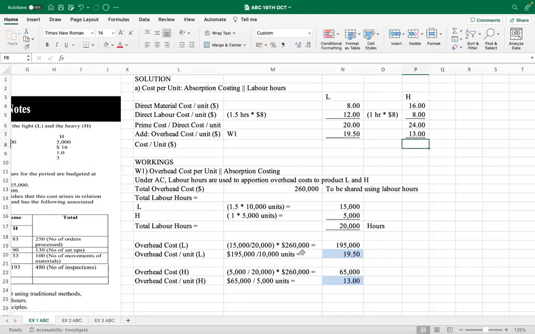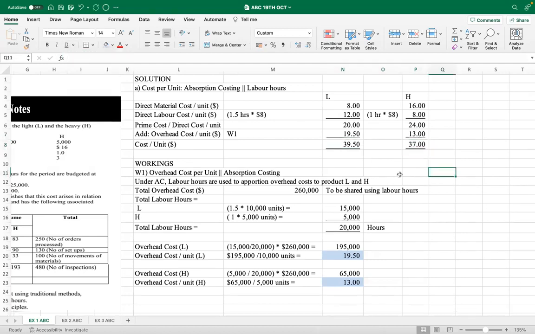So with that, we are in a position to get the cost per unit. What is cost per unit? It is the prime cost plus the overhead cost. That's how we calculate the cost per unit under the traditional method. The traditional method is known as absorption costing. So that's how we calculate under absorption costing.